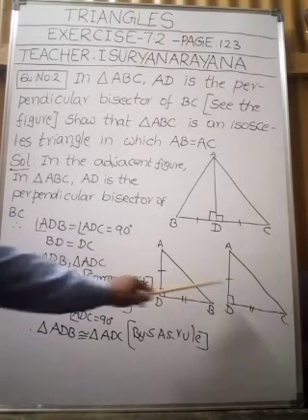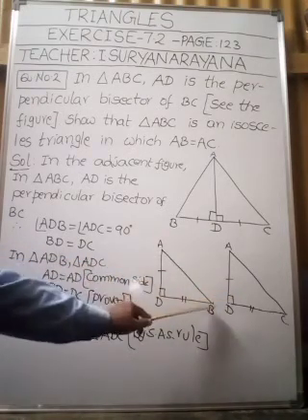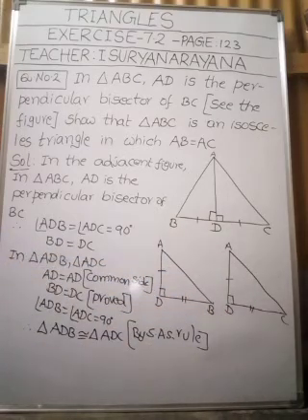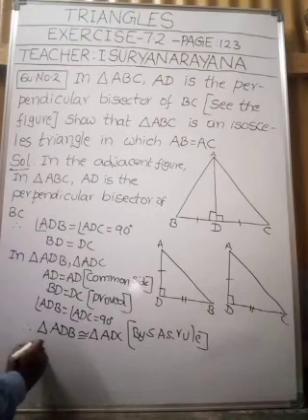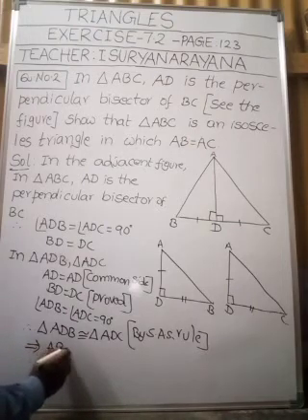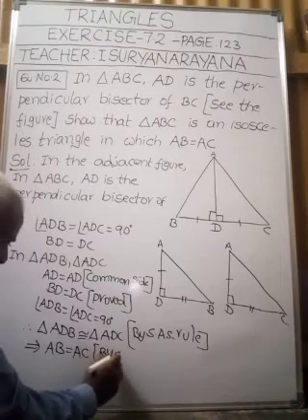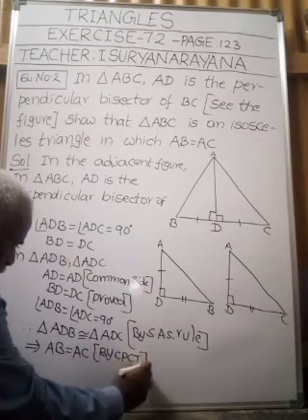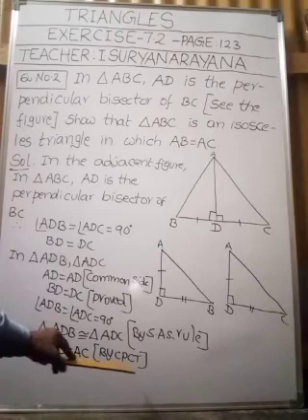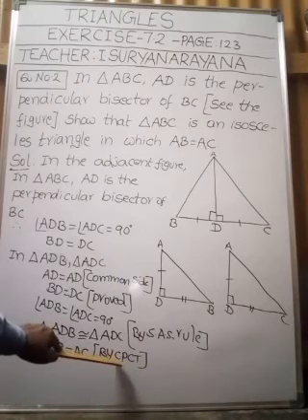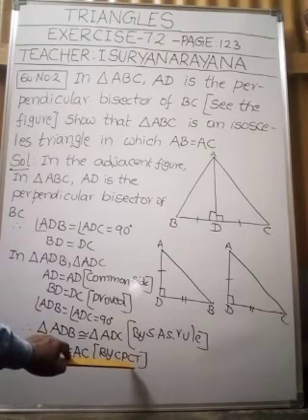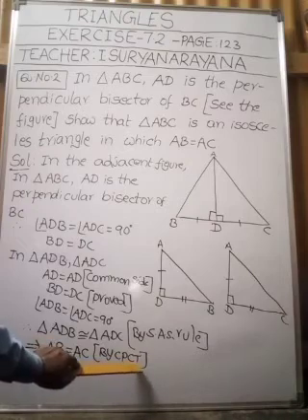Right. So these two triangles are congruent, then automatically AB is equal to AC or not? Yes, by CPCT. What is meant by CPCT? Yes, corresponding parts of congruent triangles.